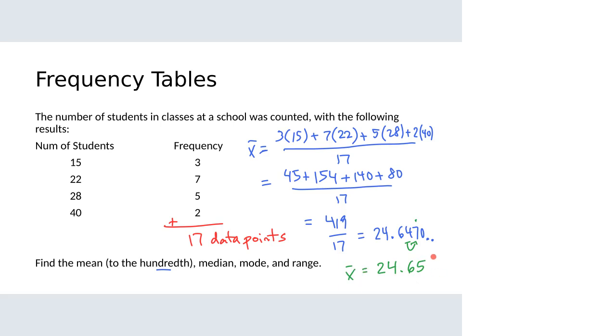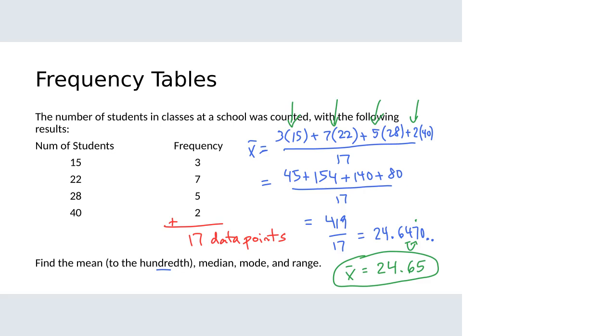So what's the mean number of students per classroom? 24.65. Let me know if you have any questions about what we did there to find the mean. The thing that's new is, yes, we only have 4 different data points, but we have a total of 17 data points. This frequency is really important, and we use that when we go to calculate the mean.